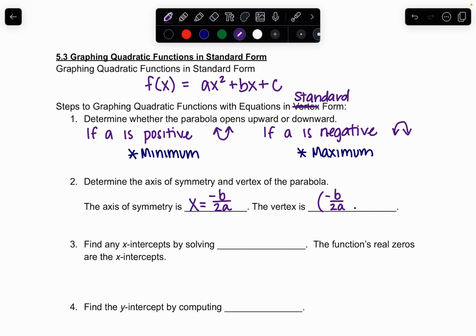And then to find the y value, we're going to plug x back into our function. So that vertex notation looks different and more difficult, but really we're just plugging x in. Plug x into f of x.